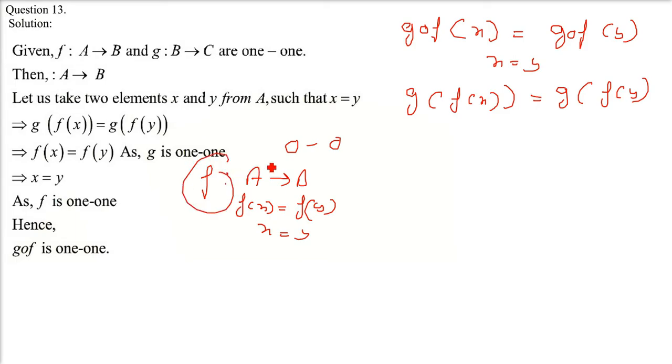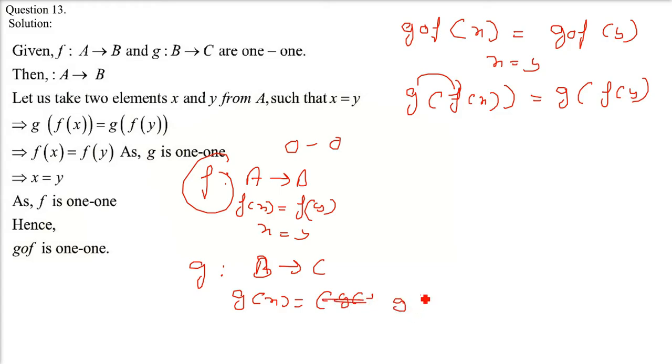But before that, let me give you one more function, g. Now this g function, which is B to C, is again one-to-one. What does it mean? If g(x) equals g(y), x should be equal to y.